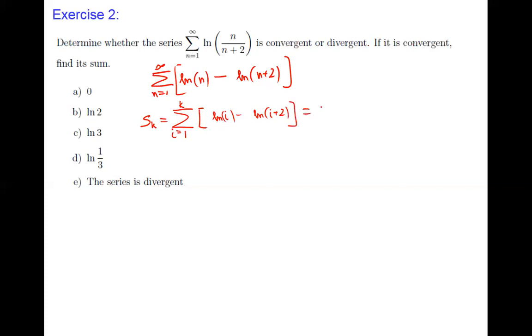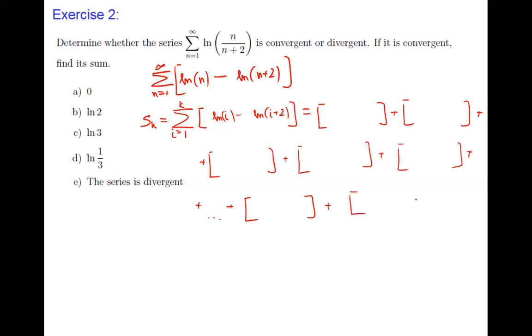Okay, let's start. I will list the terms with i equals 1, 2, 3, 4, maybe 5, and then I will make a gap, and I will also list a few terms on the back side, maybe just 4.